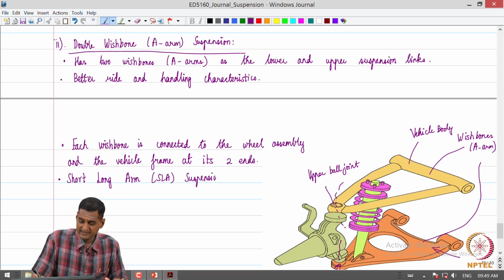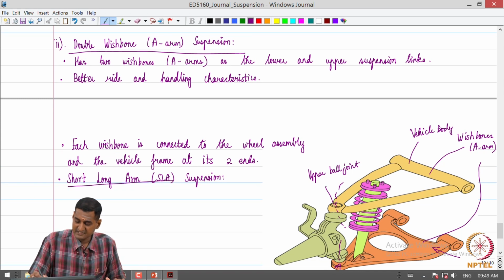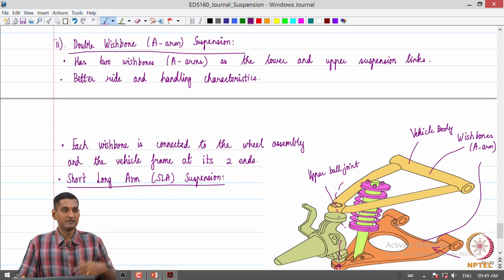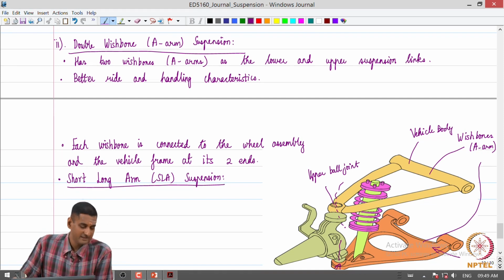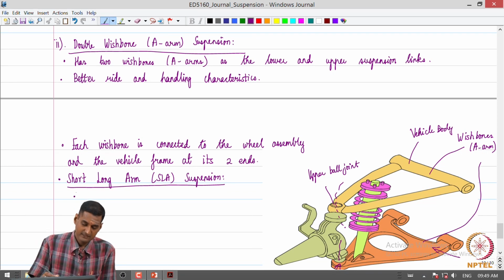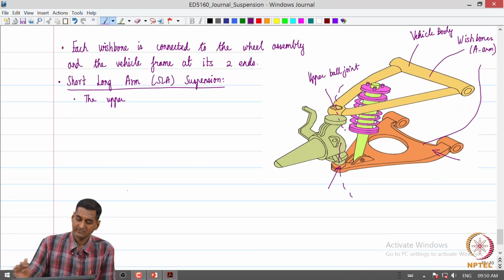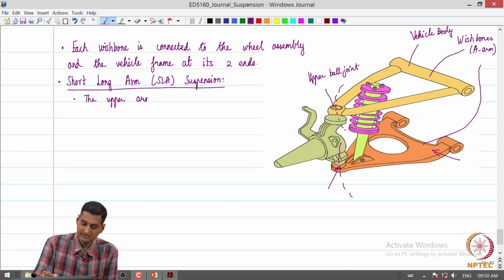As we discussed, this is a suspension where the length of the upper wishbone is smaller than the lower one. So, the upper arm is shorter in length than the lower arm.